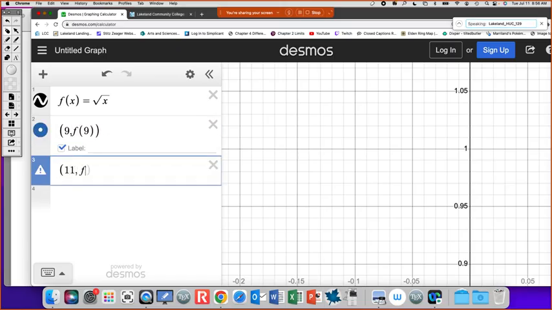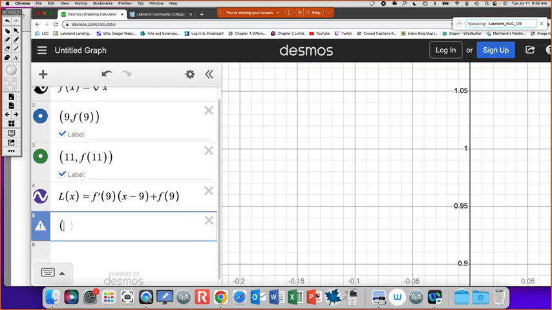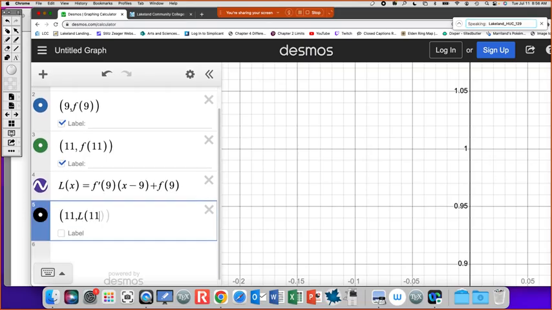We'll do 11 comma f of 11. We'll put in the tangent line. And then we'll put in 11 comma L of 11.